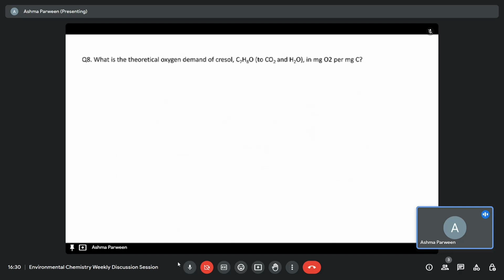So you have to first write the oxidation half cell reaction in which cresol is getting oxidized to CO2 and H2O. You have to balance that reaction, and by using the stoichiometric coefficients of all the compounds on the reactant and product side, you can find out how many moles of oxygen are required per mole of the compound, and we can finally find out the value.